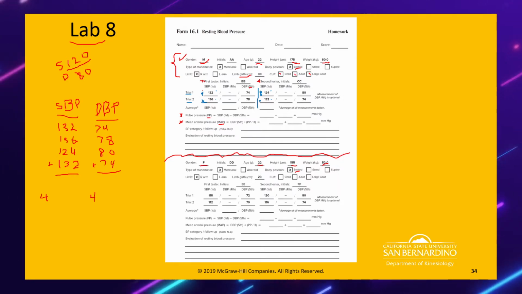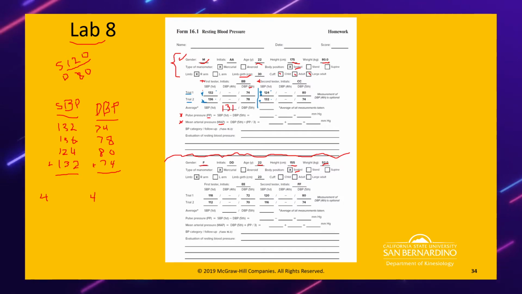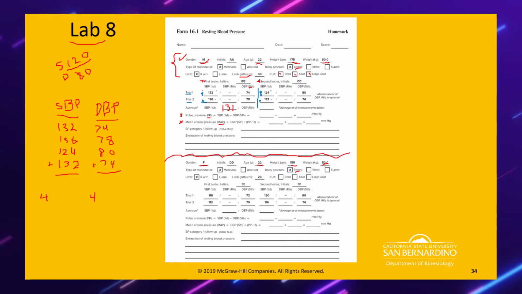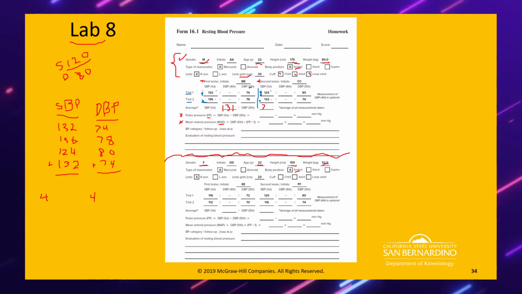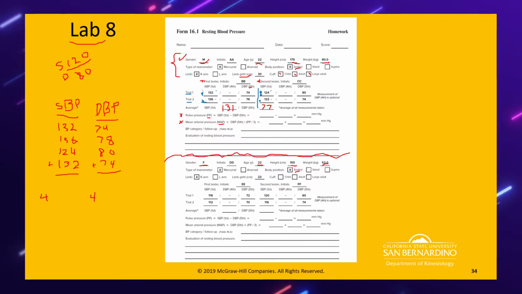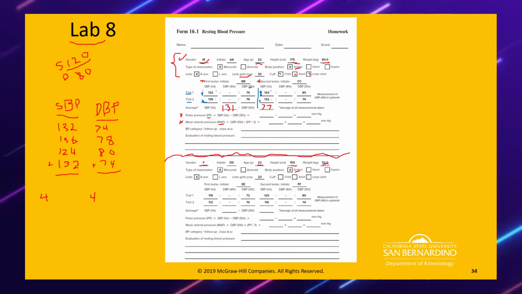So let's go ahead and put those numbers in there. For our systolic, we want 131. And the second number was 76.5, but we're just going to go ahead and round it up a little bit to make things a little bit more whole. So this is a little tricky spot here.